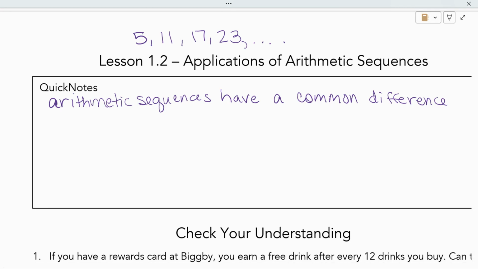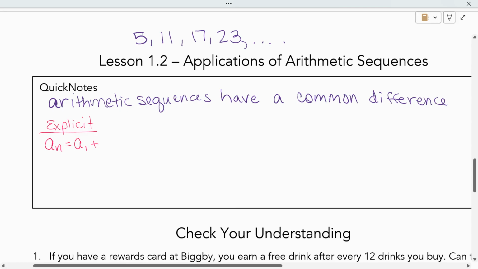What rule did we use to write today? What kind of rule can we write with an arithmetic sequence? Yeah, what's that called? Explicit. What is the explicit formula? A N equals A1 plus D parentheses N minus 1. Okay.